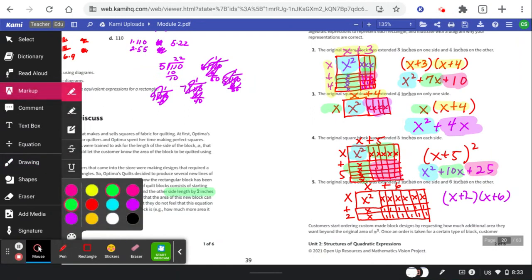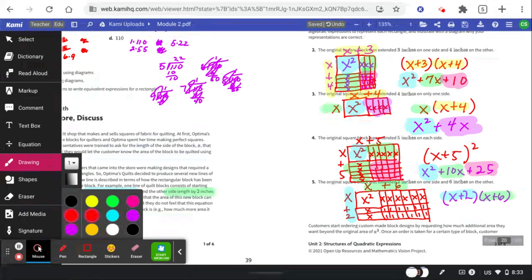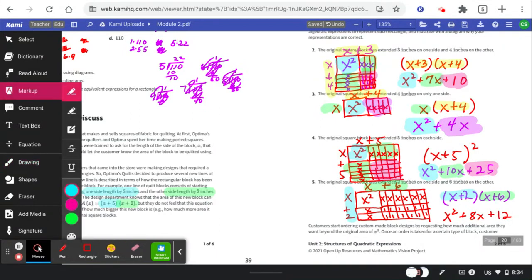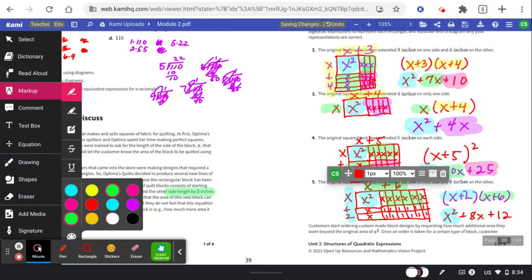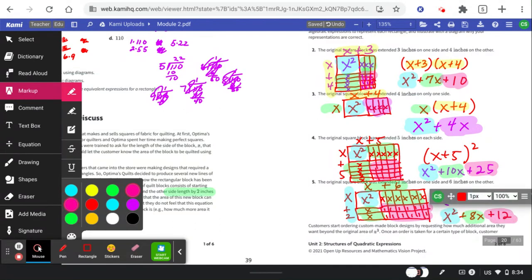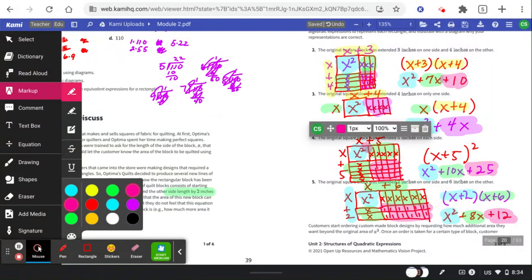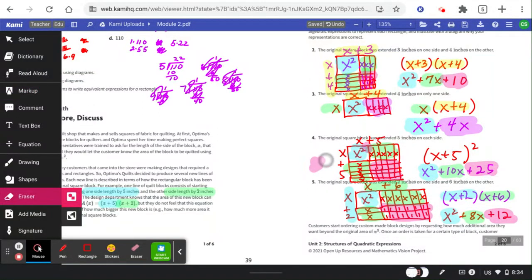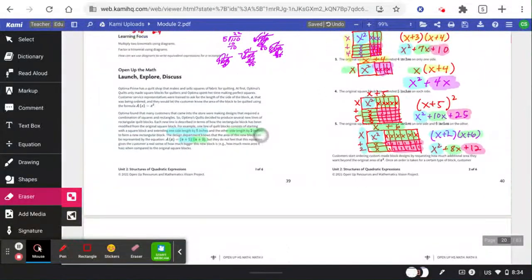And remember that that comes from these little labels on the side. And then my full expression is x squared plus 8x plus 12. I see the x squared right there, the 6, 7, 8 x's, and the 12 little squares there. So we're seeing a square up here. We're seeing a rectangle down there. We're getting good at these diagrams.